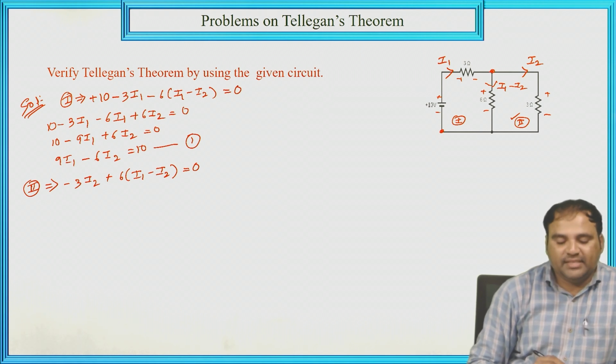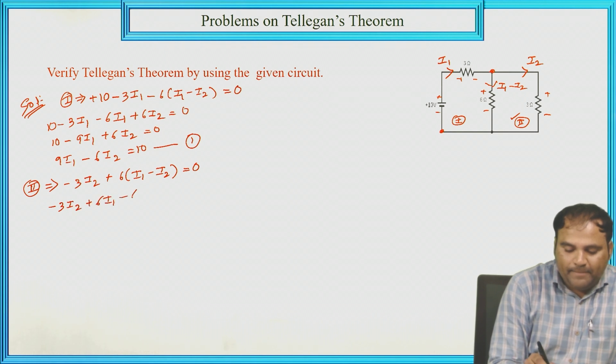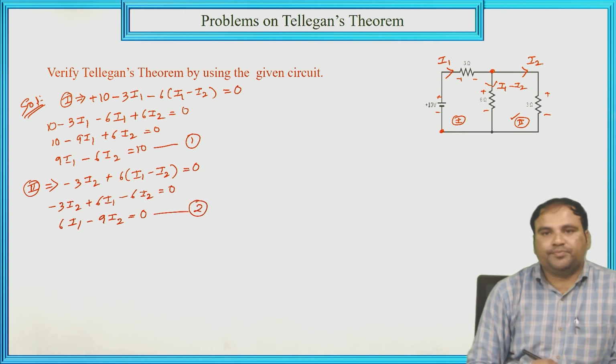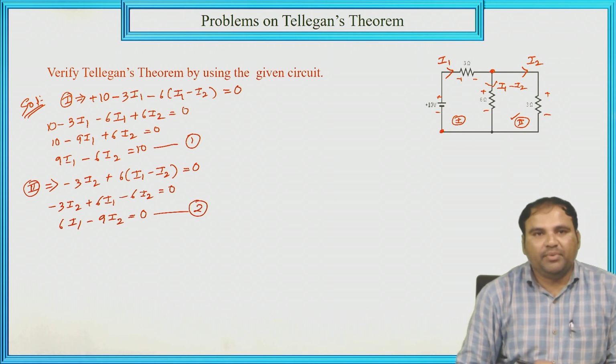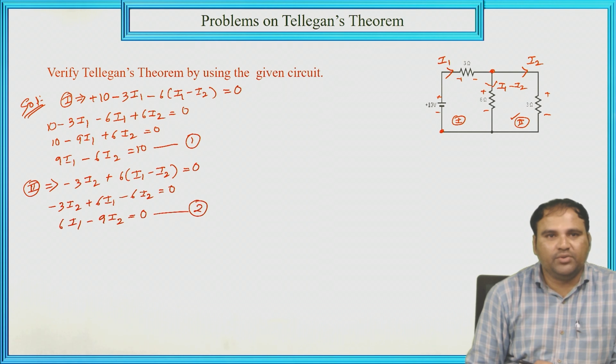Now simplify this equation. So we'll get minus 3I2 plus 6I1 minus 6I2 equal to 0. So 6I1 minus 9I2 equal to 0. Let us take this as equation number 2. So when we apply the KVL, the first equation is 9I1 minus 6I2 equal to 10, and the second loop equation is 6I1 minus 9I2 equal to 0.